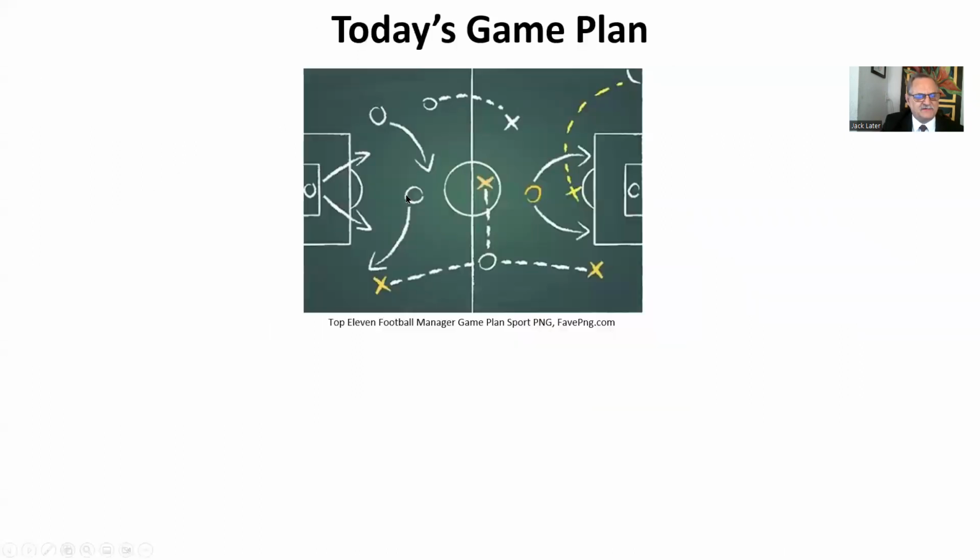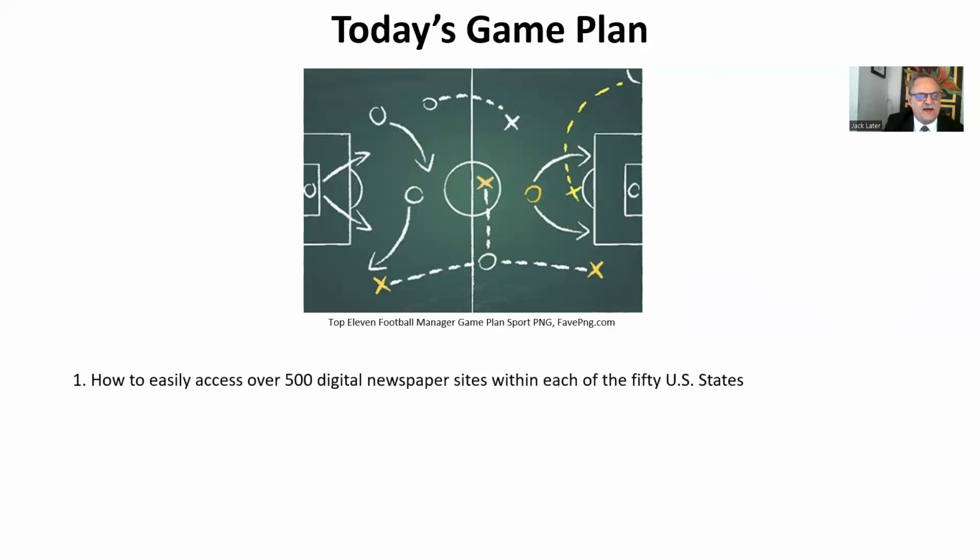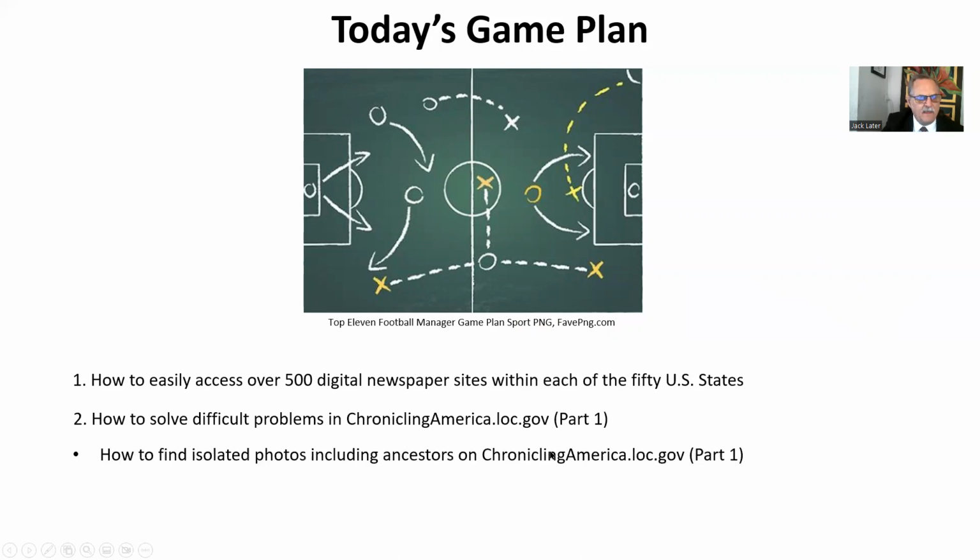Now, first of all, what's the game plan today in this short video? First, we're going to show you how to easily access over 500 digital newspapers within each of the 50 states. Then how to solve problems in Chronicling America, and also how to find isolated photos, including ancestors, in ChroniclingAmerica.gov.